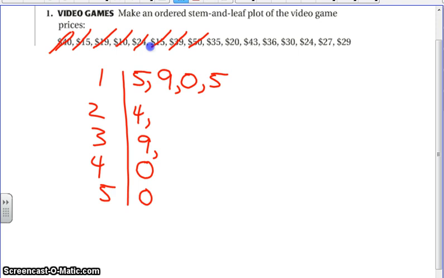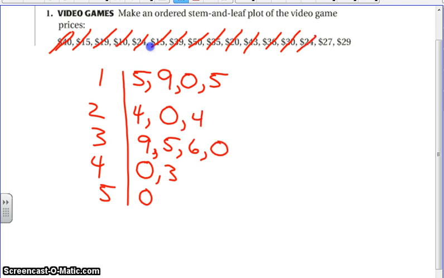35 goes on the 3 stem, right? 20 we show with a 0 on the 2 stem. 43, 36, 30 has a 0 on the 3 stem. 24, 27, and 29.